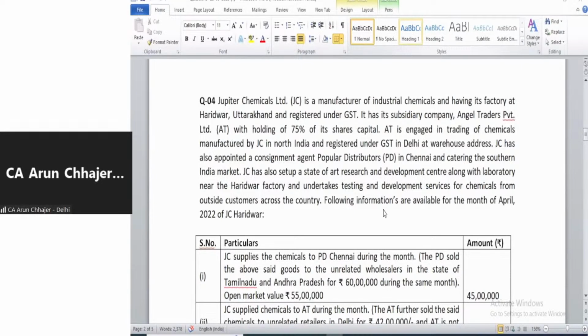Jupiter Chemical Limited is a manufacturer of industrial chemical and having the factory at Haridwar, registered in Haridwar, Uttarakhand. It has a subsidiary, Angel Traders Private Limited, and holds 75% of its share capital.